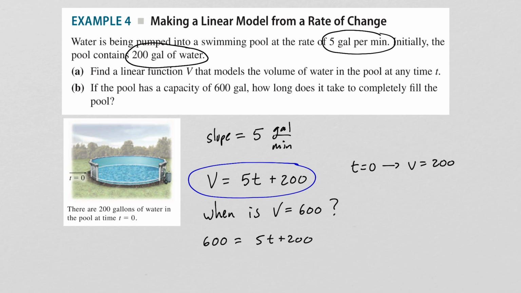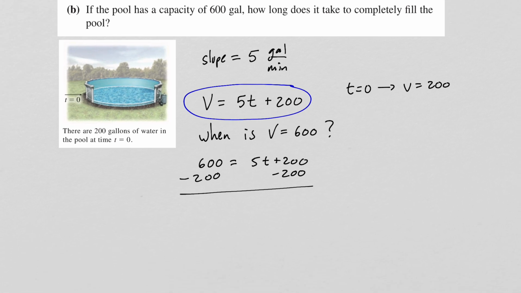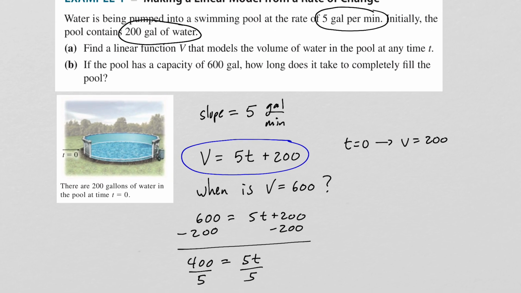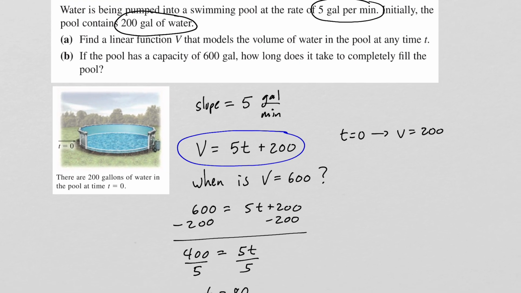And if we do that, we can solve by subtracting 200 from both sides. And then we can divide both sides by 5. And when we divide by 5, we're going to get 80. So how long does it take to completely fill the pool? Well, it's going to be 80 minutes.